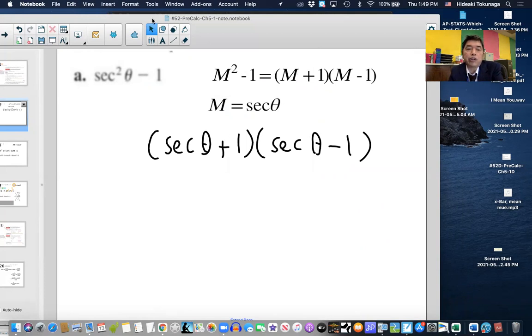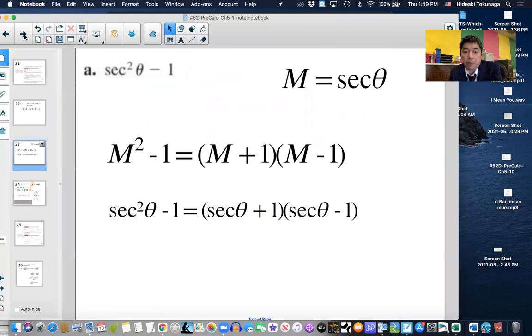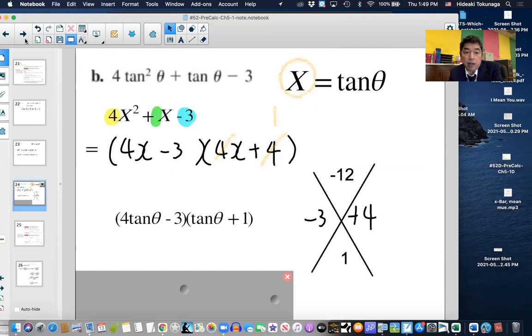Let's take a look at letter B. Oh, this is letter A, sorry, we just did the same equation here. I use a capital letter X this time, capital X equal to tangent theta. If you rewrite tangent theta as capital X, you get 4X squared plus X minus 3.